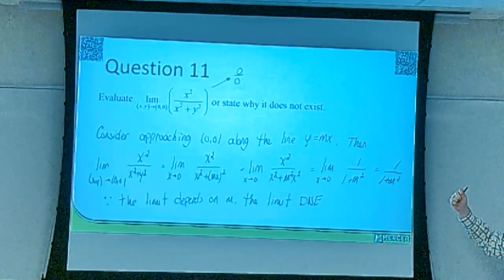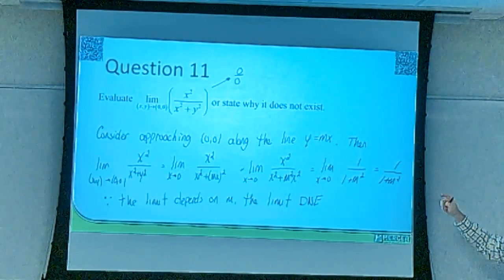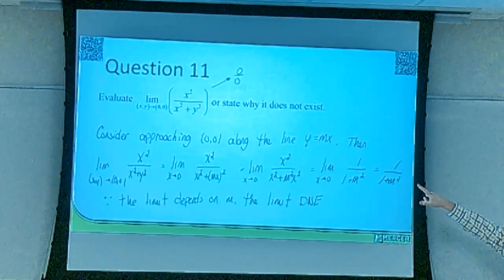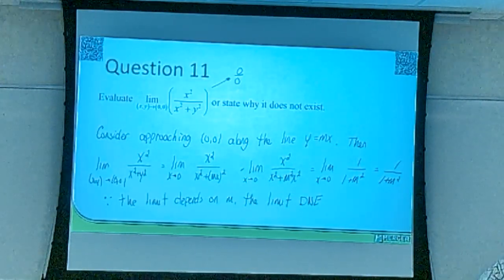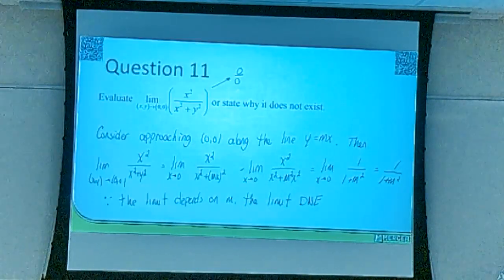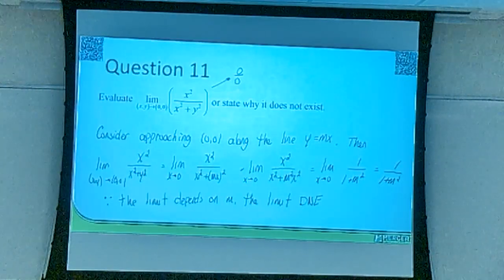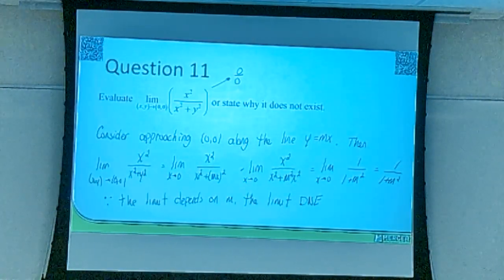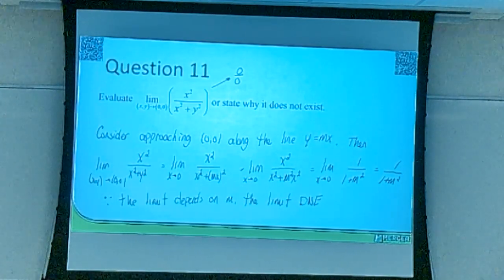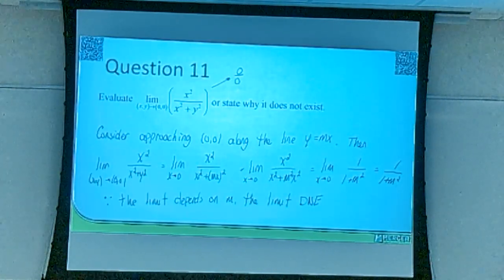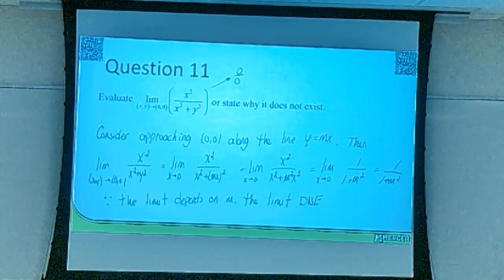All that showed was the limit's the same for all those lines, but not for every single possible path. There's an infinite number of paths, so you have to either find a path where the limit is different, or you have to do some kind of algebra.